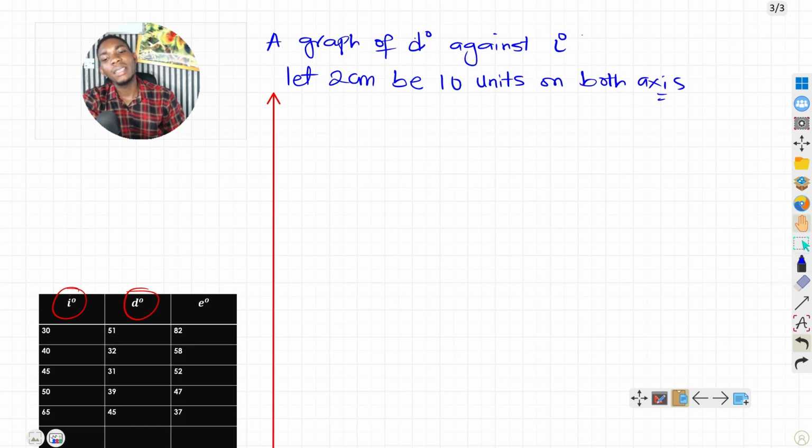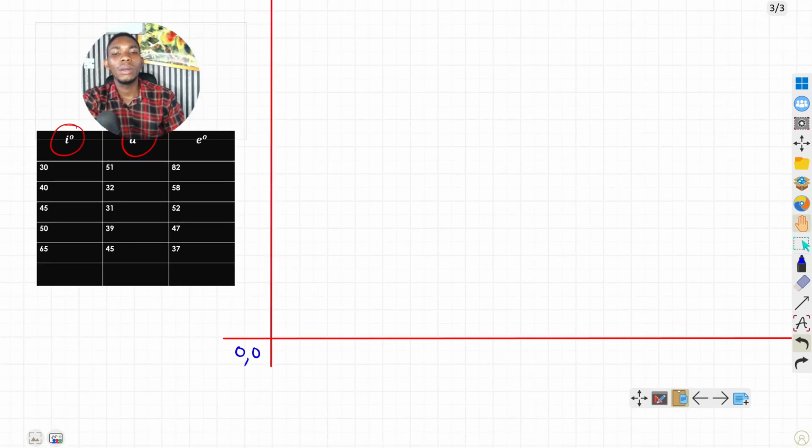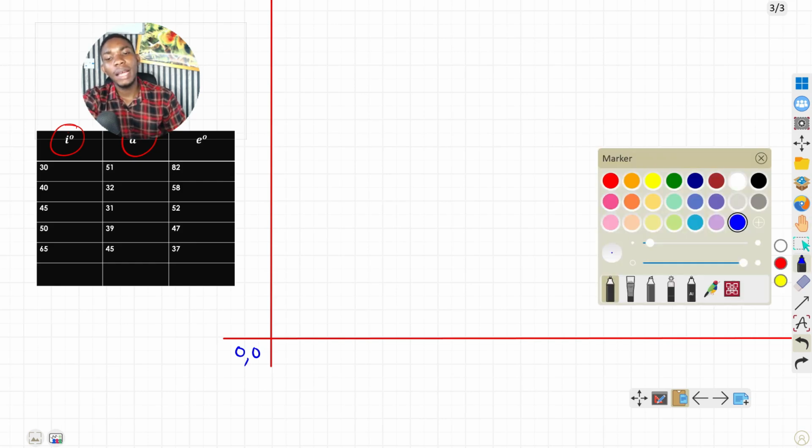Now you can start from wherever you want, but the lowest value you have here is 30. You can start numbering from 30, but most of you will say you don't understand that one. So let's start from 10.